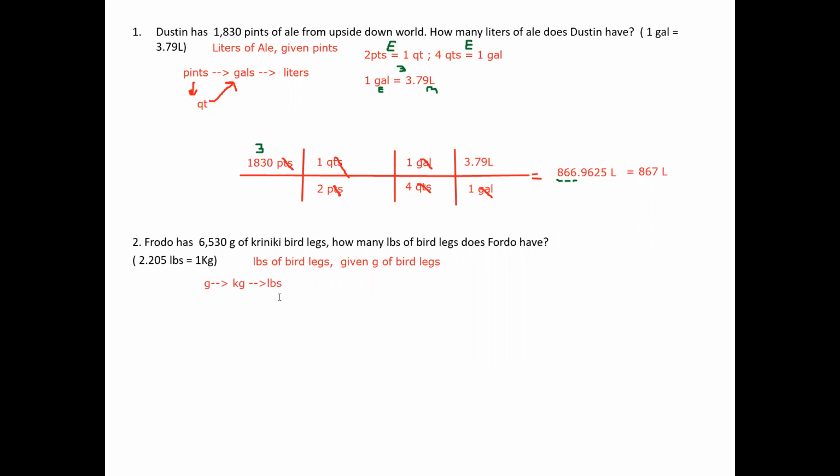So we'll convert the grams to kilograms and then kilograms to pounds. Again, the reason we have to do this is because the conversion factor given to us is pounds to kilogram. So we should know how many grams are in a kilogram, 1,000. And so now we're able to set up our train track and convert grams to pounds.